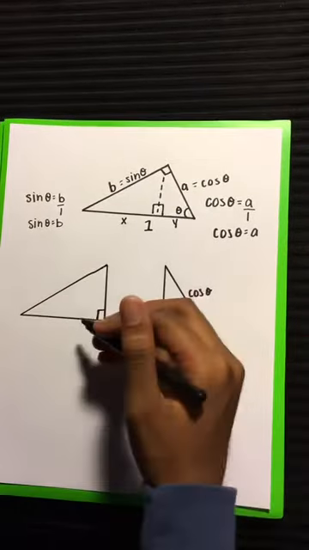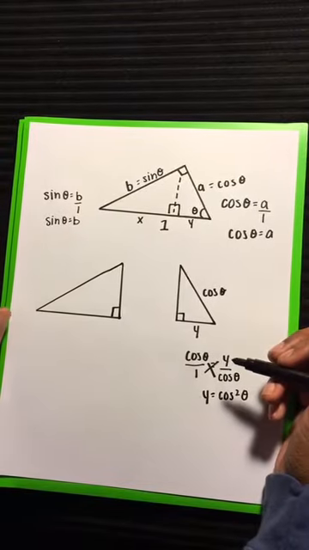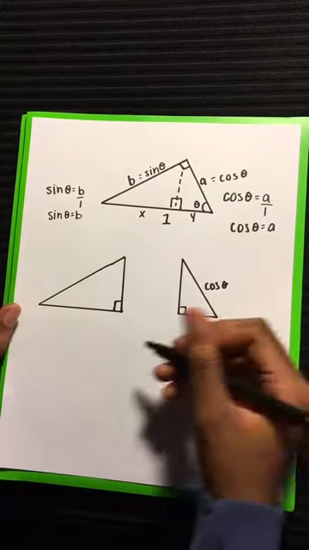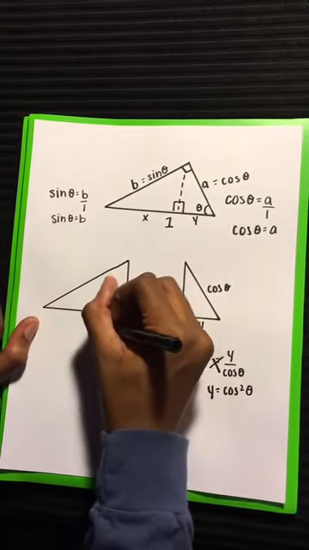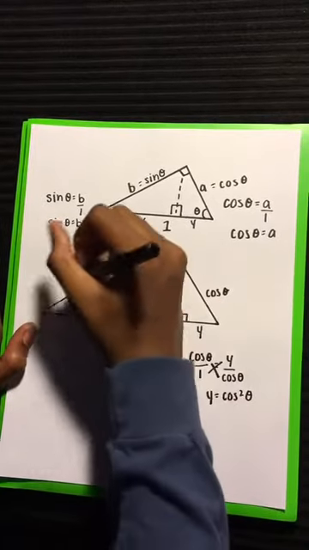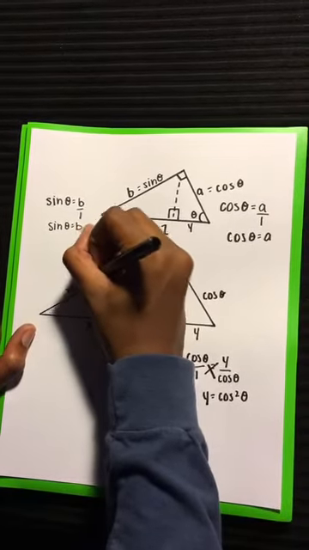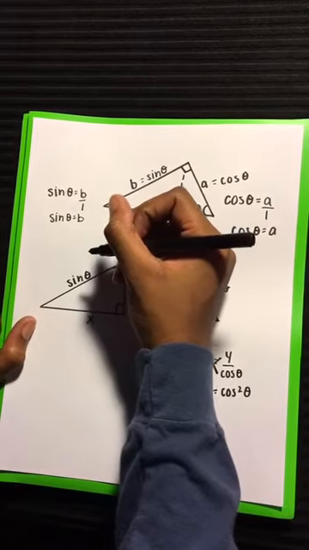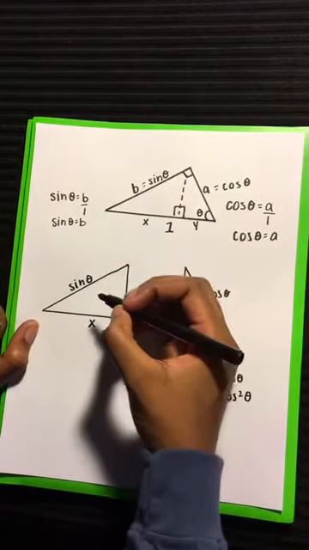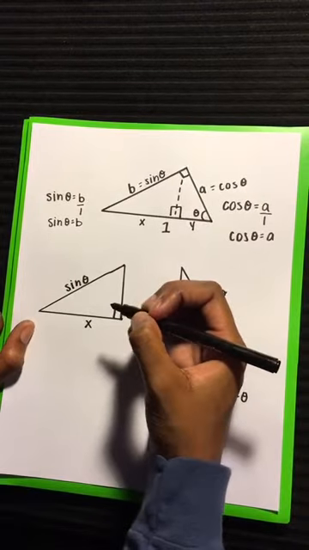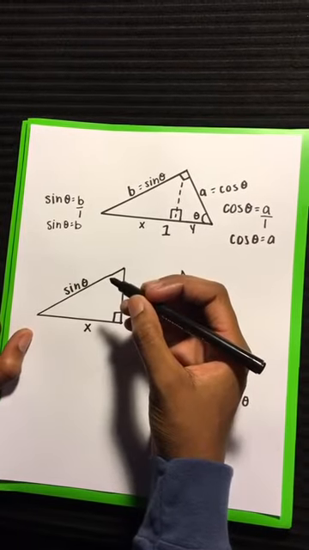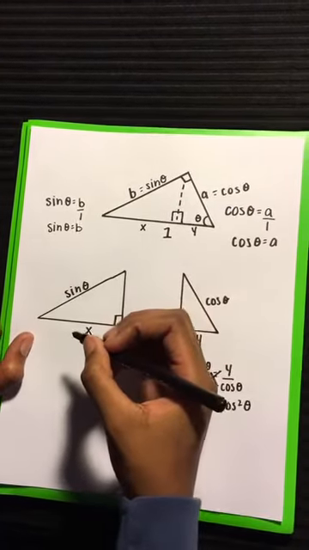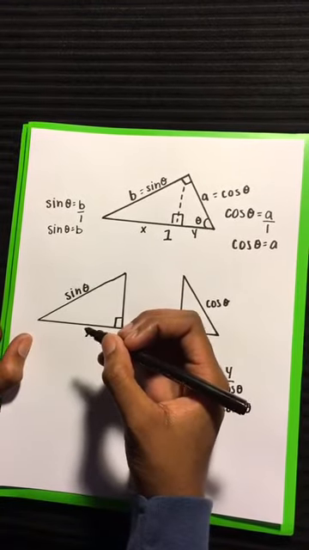Then you're going to do the same thing for this triangle over here. And for this triangle, we know that the long leg equals X, and the hypotenuse equals sine theta. So we're going to compare the hypotenuse and long leg values. In the original triangle, the hypotenuse is 1 and the long leg is sine theta.